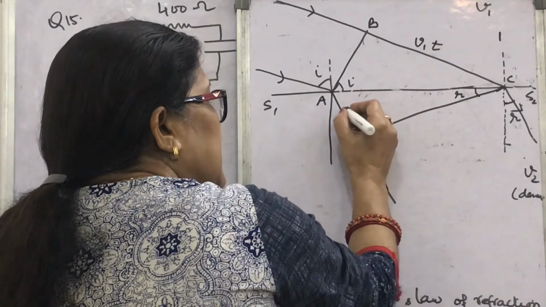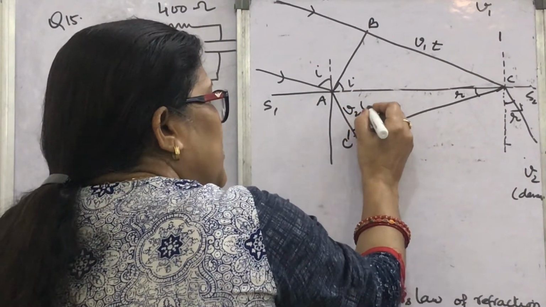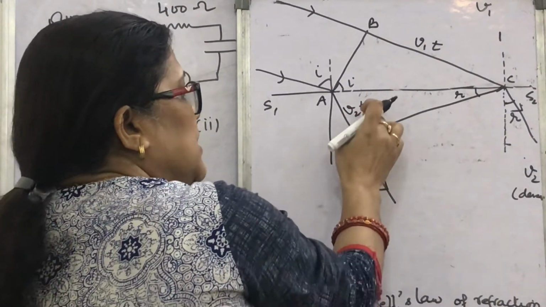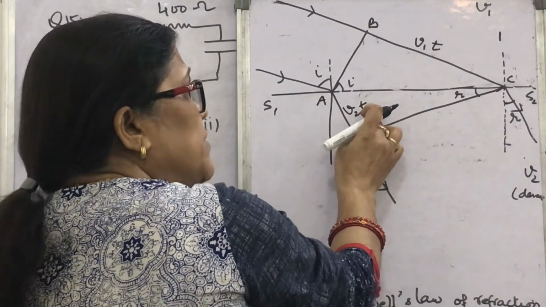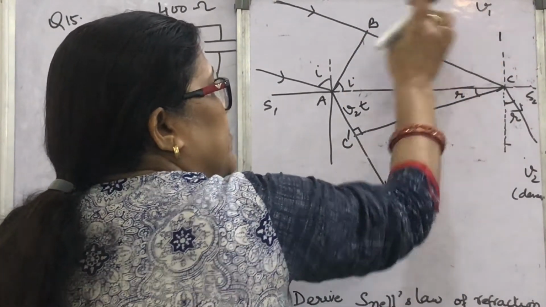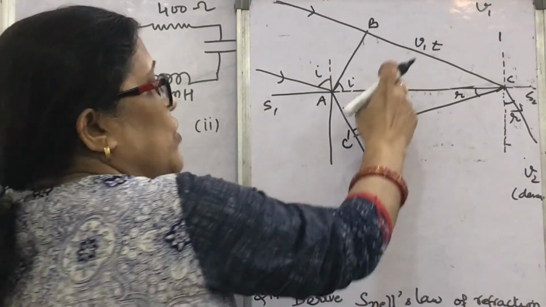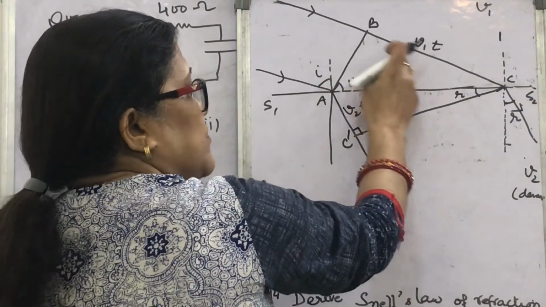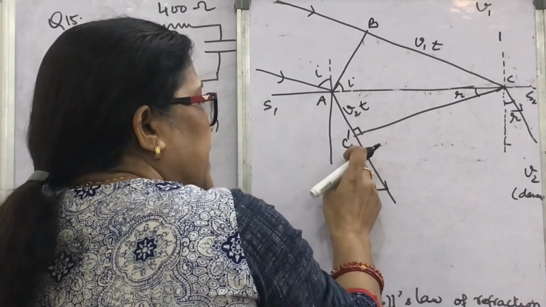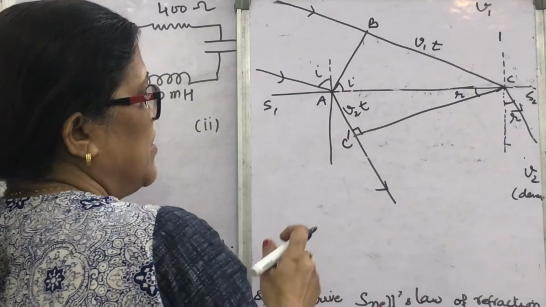So, AB is the incident wavefront, CC dash is the refracted wavefront, and you find that this AC dash distance is V2t because the refracted ray travels with the speed V2 in the same time t. Which time? In which the ray covers B to C in medium 1. V1t distance in the first medium in time t, and V2t distance in the second medium in the same time t.